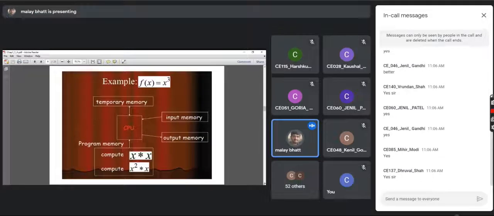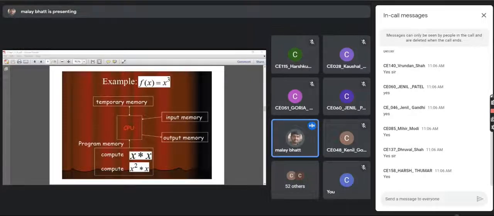So let us consider a simple example of computation, and then we'll go into the details of automata. Here we have a simple example: f(x) is equal to x cube. When you consider f(x) equal to x cube, how will we solve it? Basically, our program will be like this. First, x is multiplied with x to get x square, and then finally this x square will be multiplied with x to get x cube, which is a simple step.